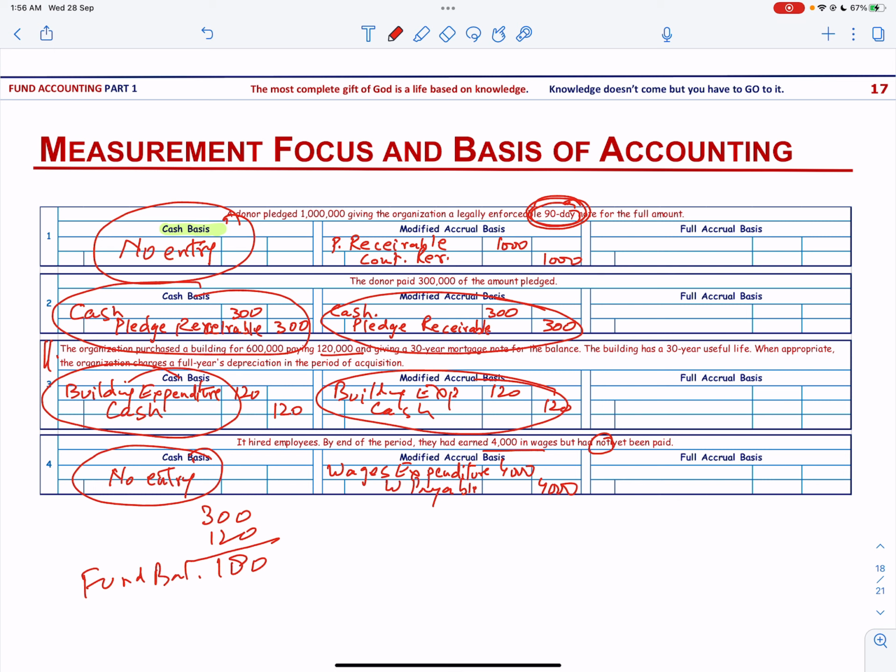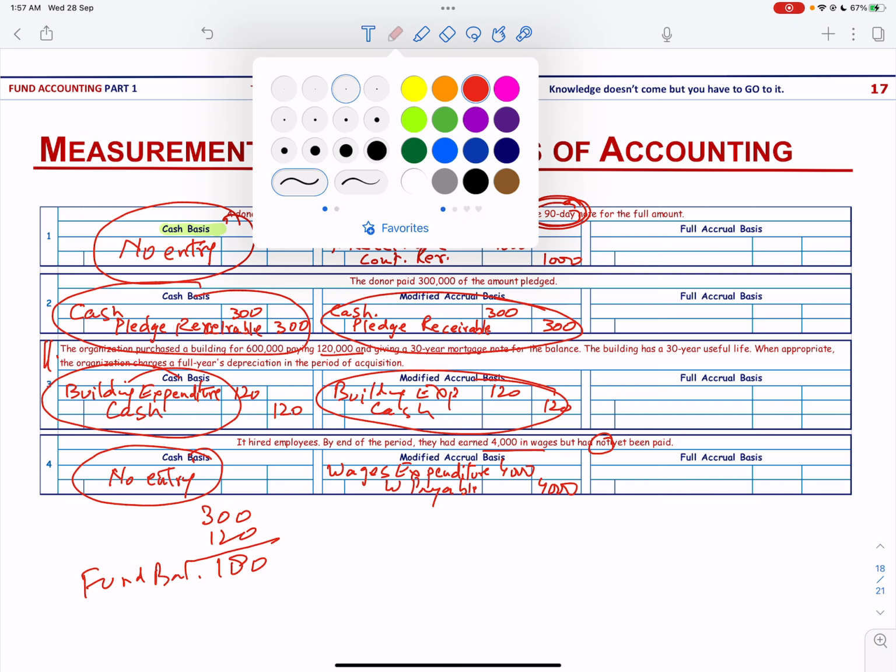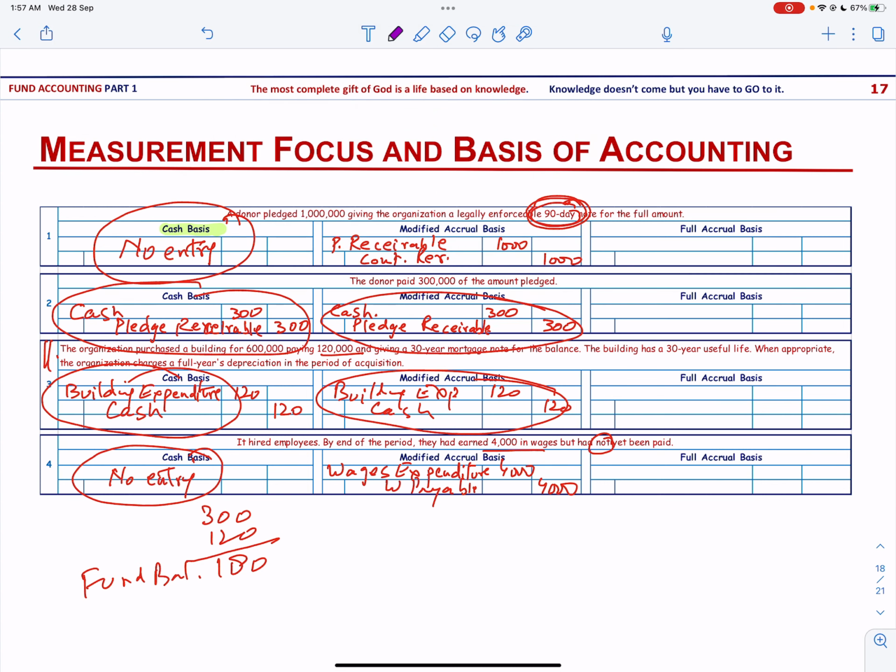And we will record current liabilities as this is the modified accrual basis. The focus is on cash and current resources, that is current assets and current liabilities. Let us look into the income statement that is going to be prepared under the modified accrual basis.